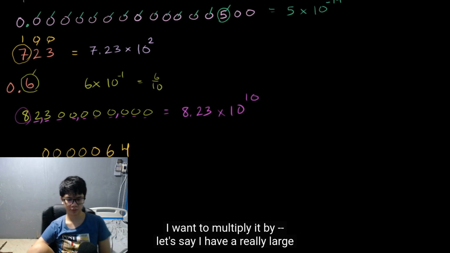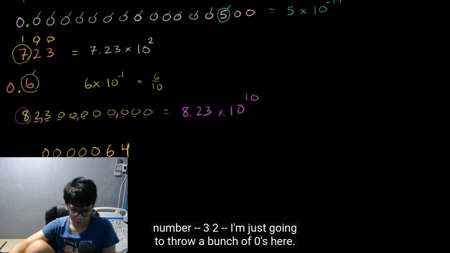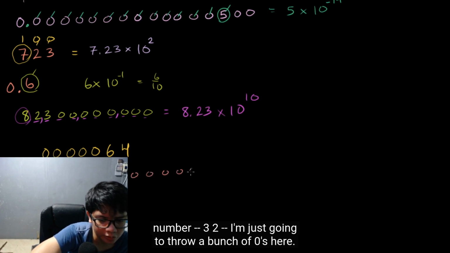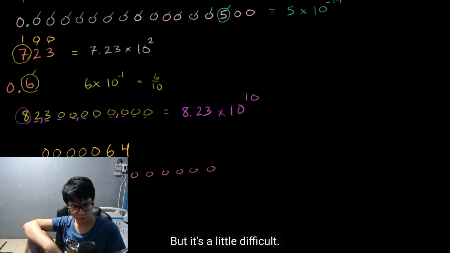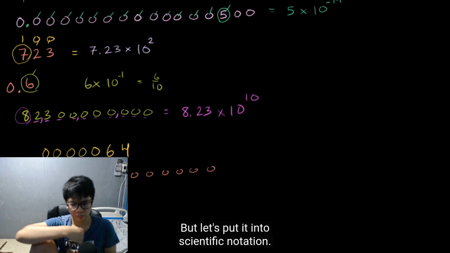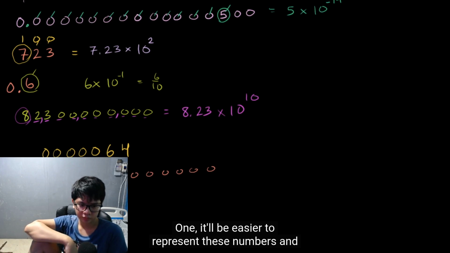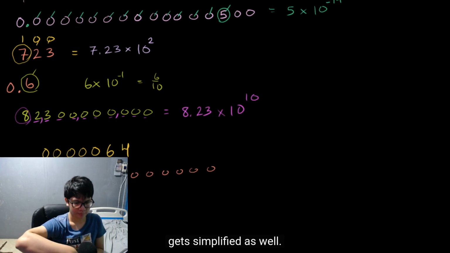Multiply it by, let's say I have a really large number, 3.2 with a bunch of zeros here. Let's say I stop there. So this one you could multiply out, but you have to count both. It's a little difficult, but let's put it in scientific notation. One, it'll be easier to represent these numbers, and hopefully you'll see that the multiplication actually gets simplified as well.